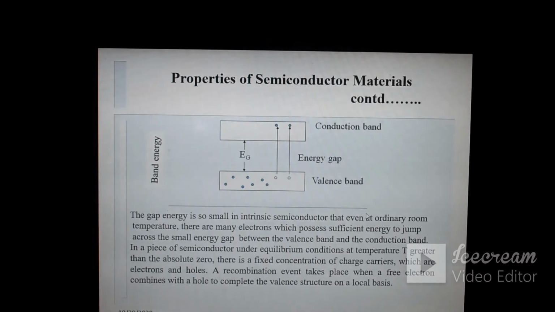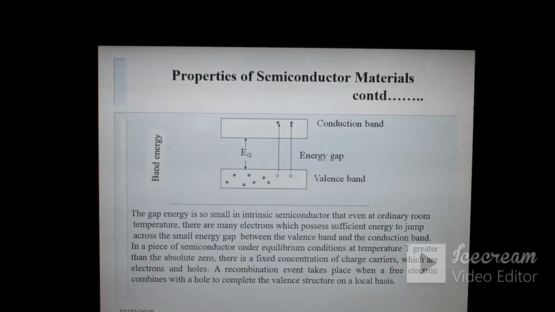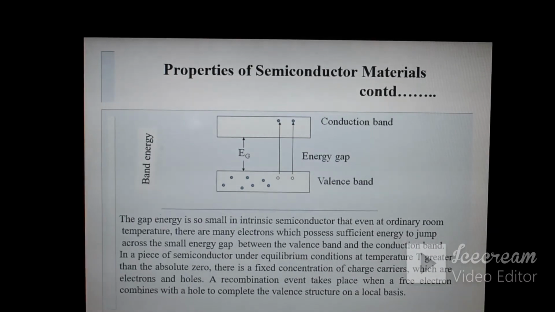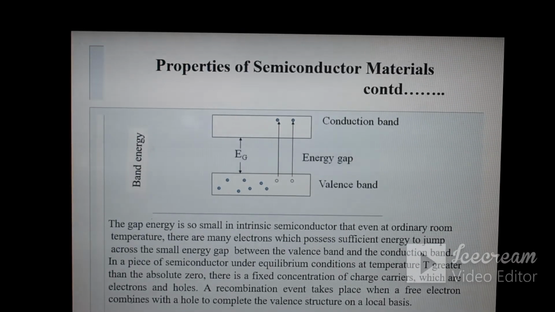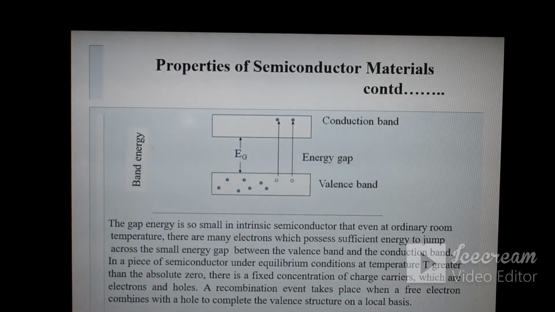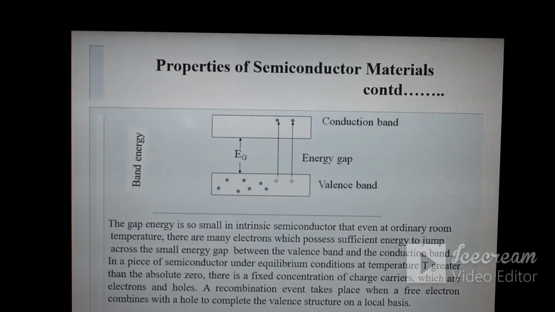In semiconductor, especially in case of intrinsic semiconductor, gap energy is so small that even at ordinary room temperature, there are many electrons which possess sufficient energy to jump across the small energy gap between the valence band and the conduction band.